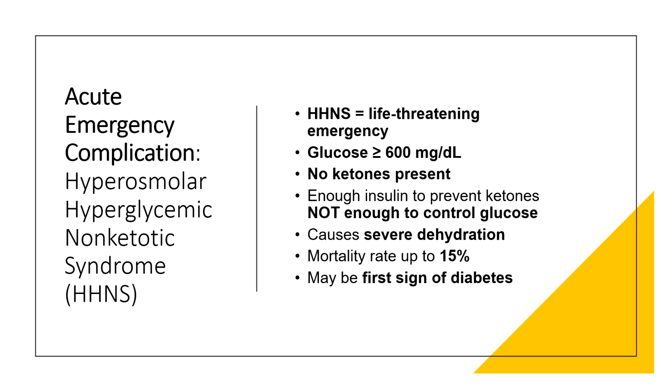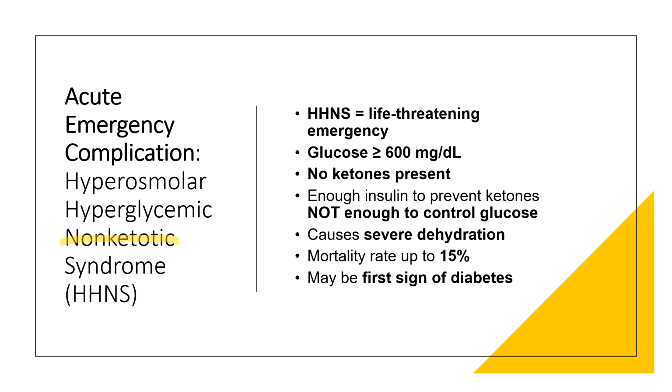Okay, but because your type 2 diabetics produce insulin, your patient is not going to produce any ketones, right? So that's what's different between HHNS and DKA. HHNS, that non-ketotic, this is the key word, is they don't make any ketones, right?